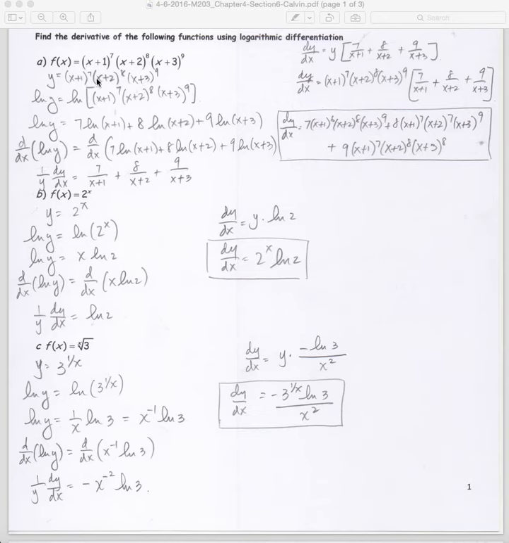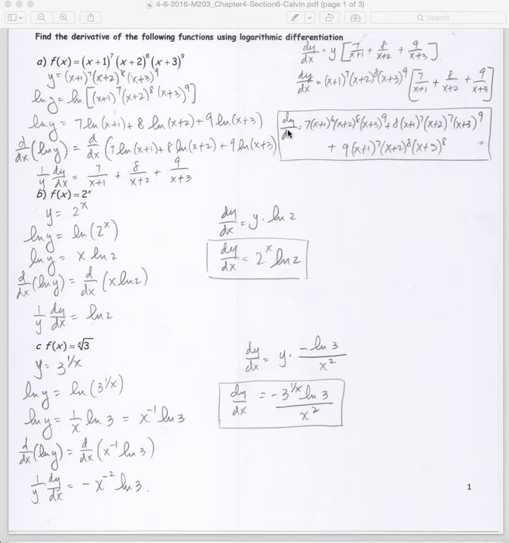So because y is equal to this, I'm going to substitute the function of x in terms of what y was equal to. So now I have x plus 1 to the 7th, x plus 2 to the 8th, and x plus 3 to the 9th, multiplied by the entire quantity of these sums. So I have 7 over x plus 1 plus 8 over x plus 2 plus 9 over x plus 3.